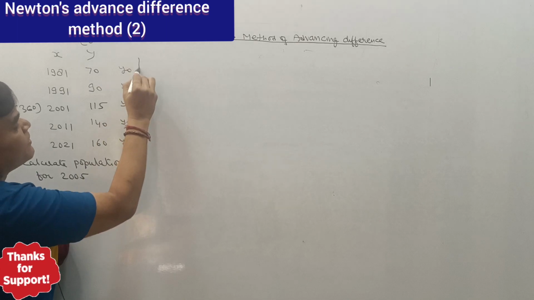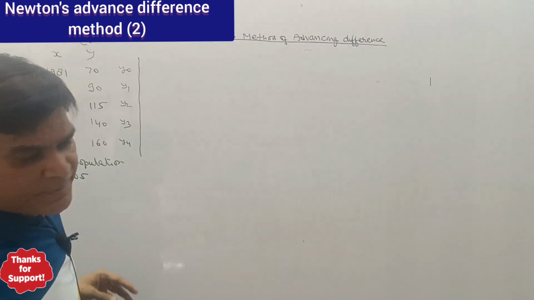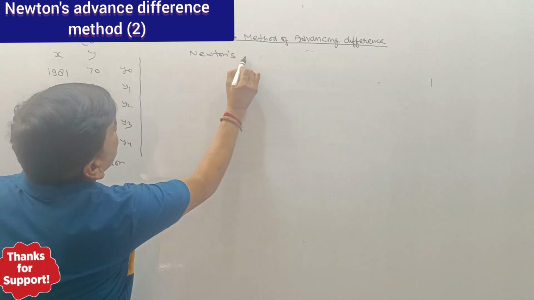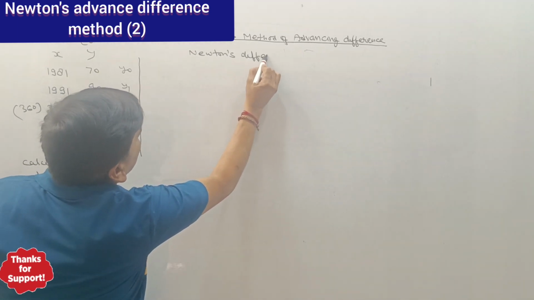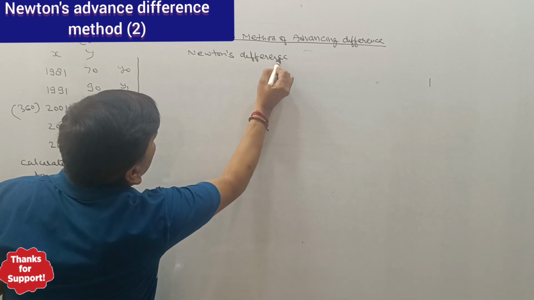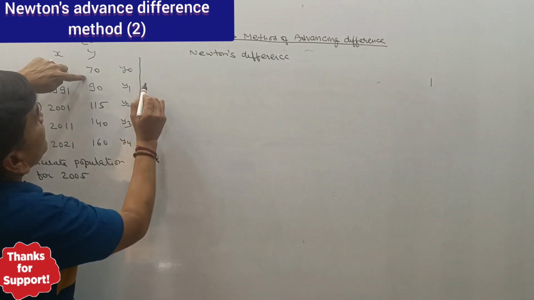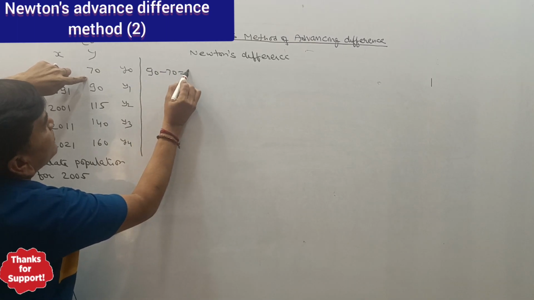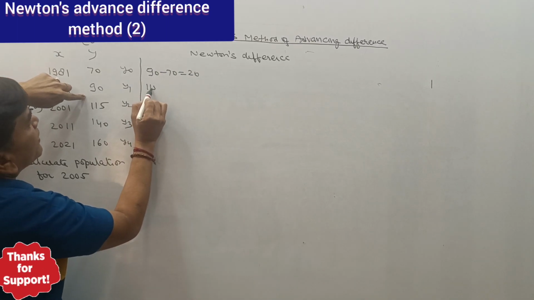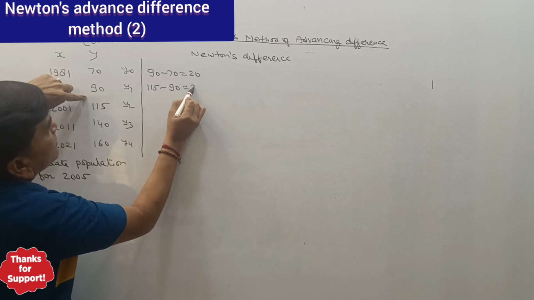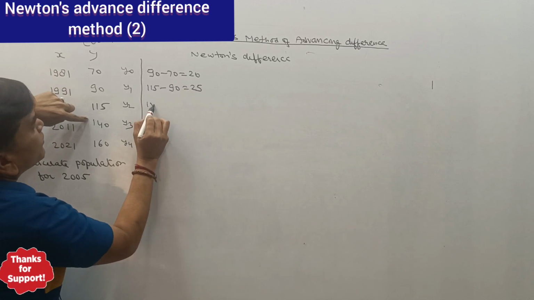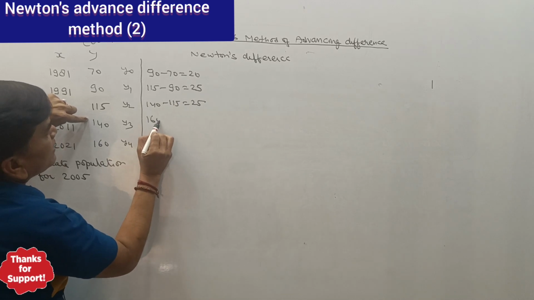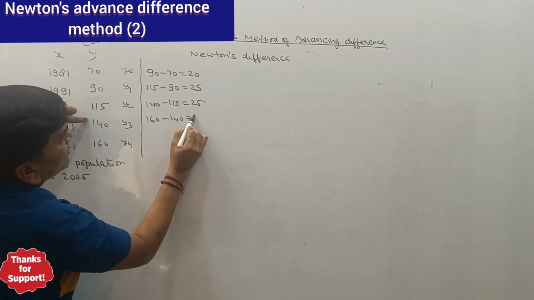For the Newton advancing method we have Newton's differences. First, 90 minus 70 is 20, 115 minus 90 is 25, 140 minus 115 is also 25, and 160 minus 140 is 20.